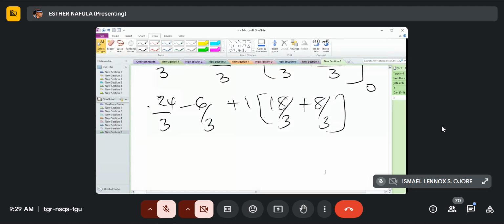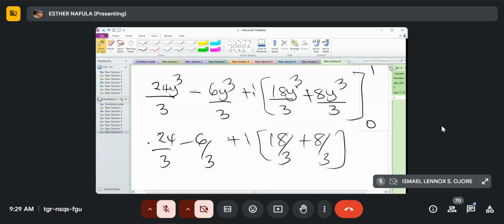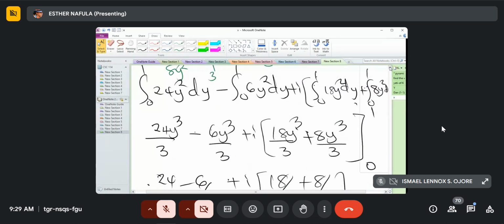I think there's a term that you've left out. Sorry? There's a term that you've left out, where you've written 24y squared dy. You are also supposed to multiply the y squared by 3 dy.